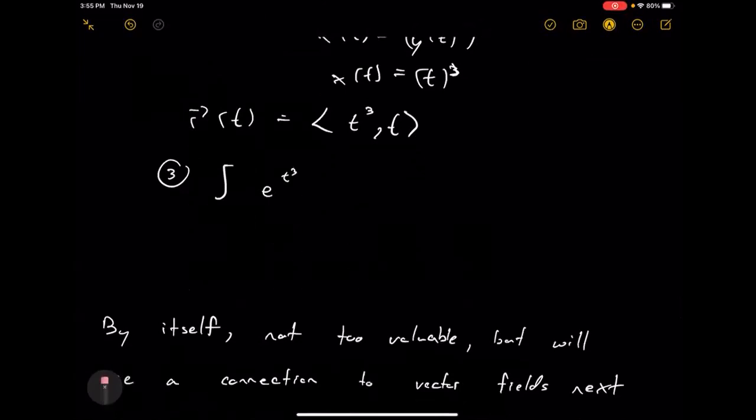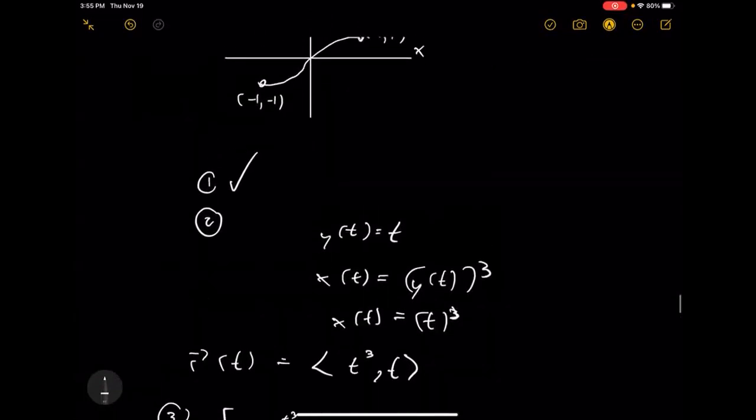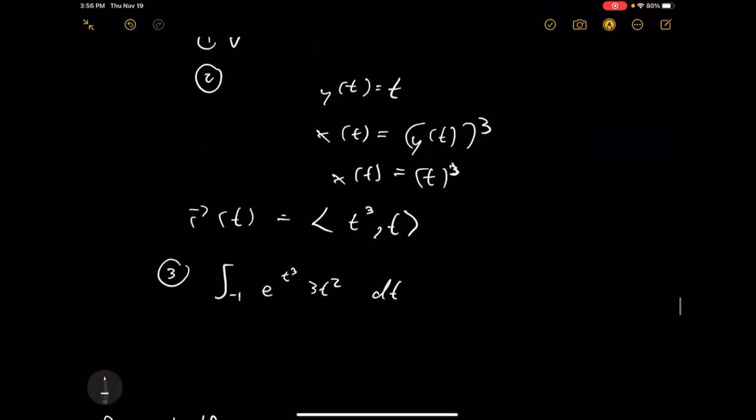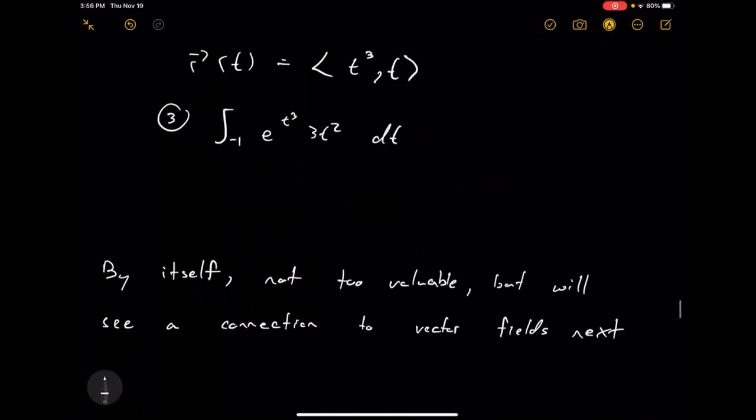So that becomes x prime of t dt. What's x prime of t? 3t squared, right? And then what are my bounds for my integral? What t value gives me that starting point? t equals -1, right? And then what t value gives me that endpoint? Should just be 1.